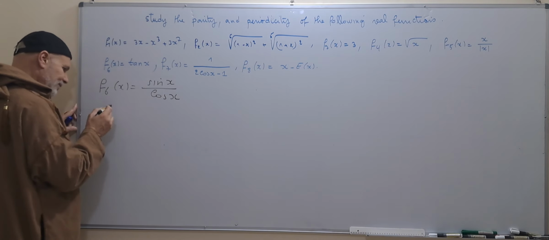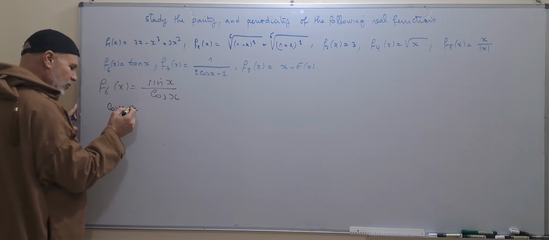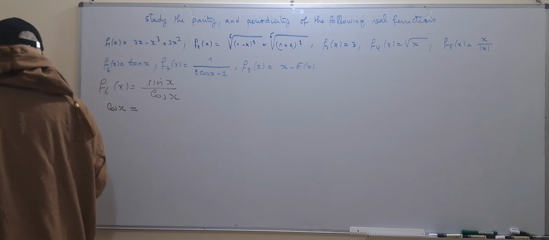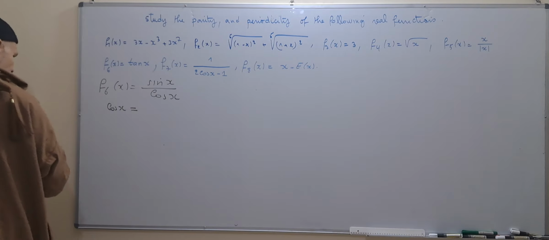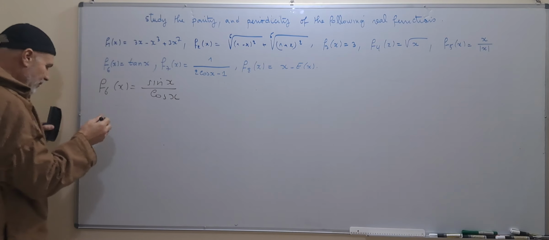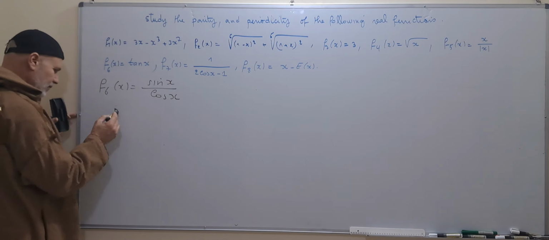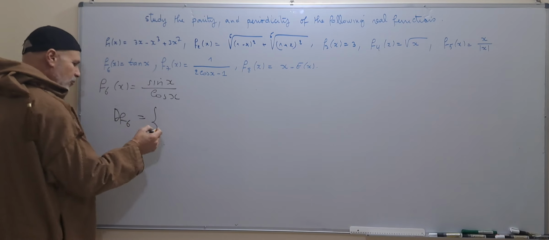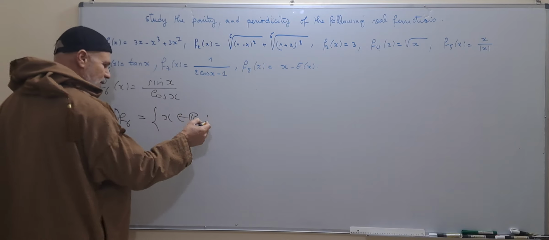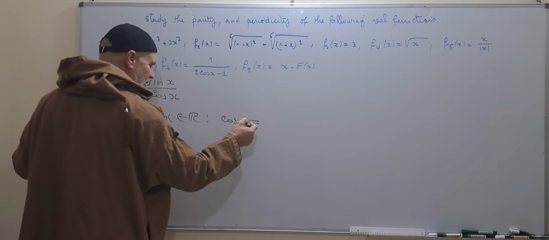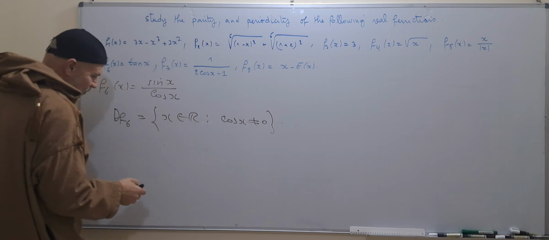The domain of definition is equal to x in R such that cosine x is different from 0.